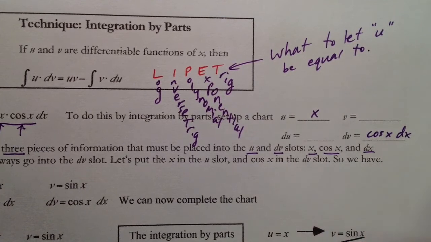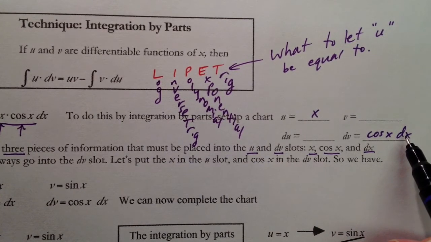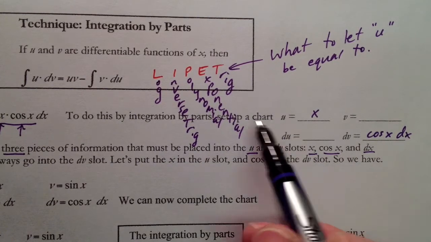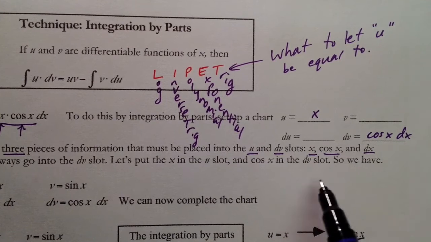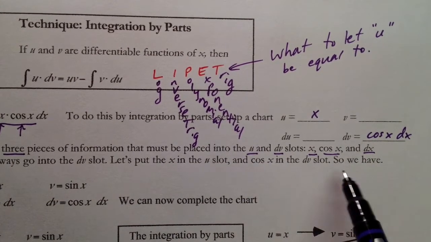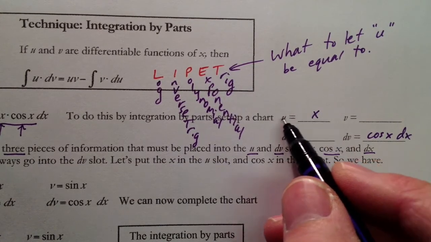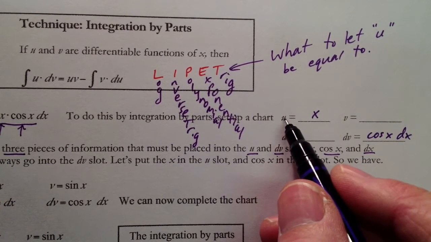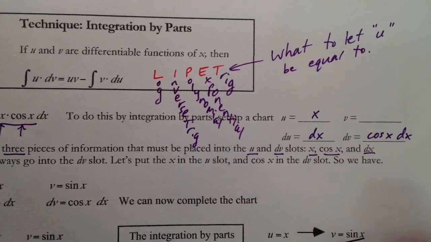So whatever's left over gets placed right there next to our dx, and notice that we have our u, dv. Okay, and if we differentiate both sides here, we're looking at u equaling x, du on the left, and dx on the right.